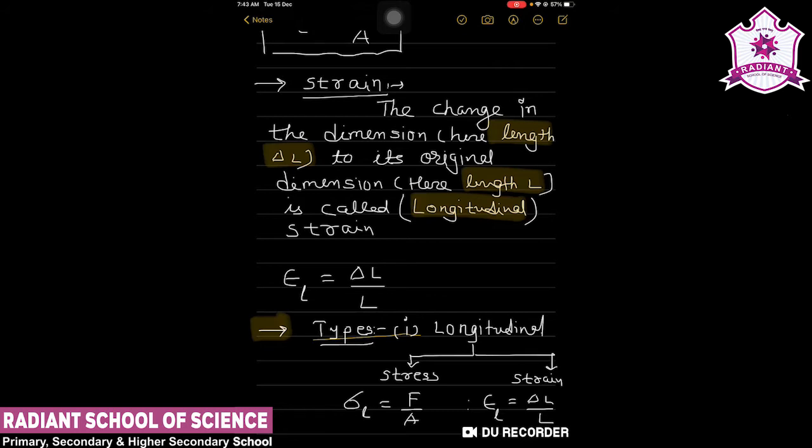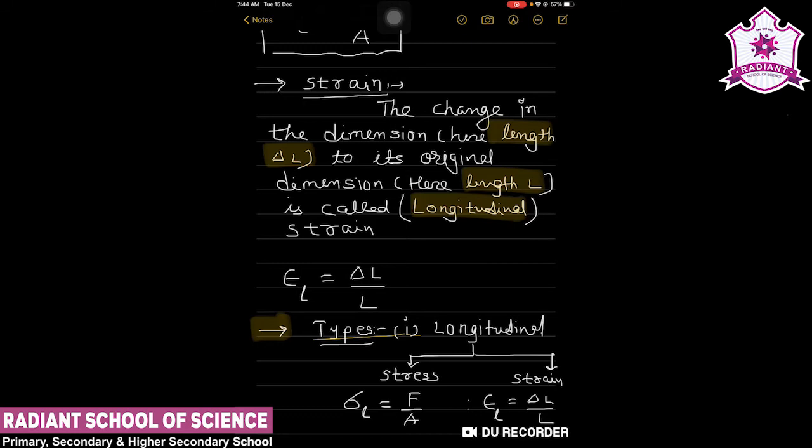Here in the above case we have a change in length, and the original length was considered as L. So the ratio of delta L and L is called strain.